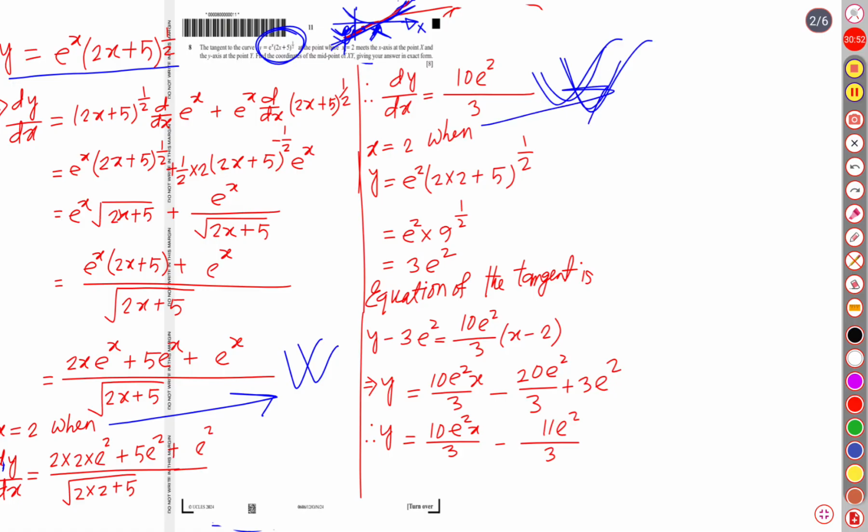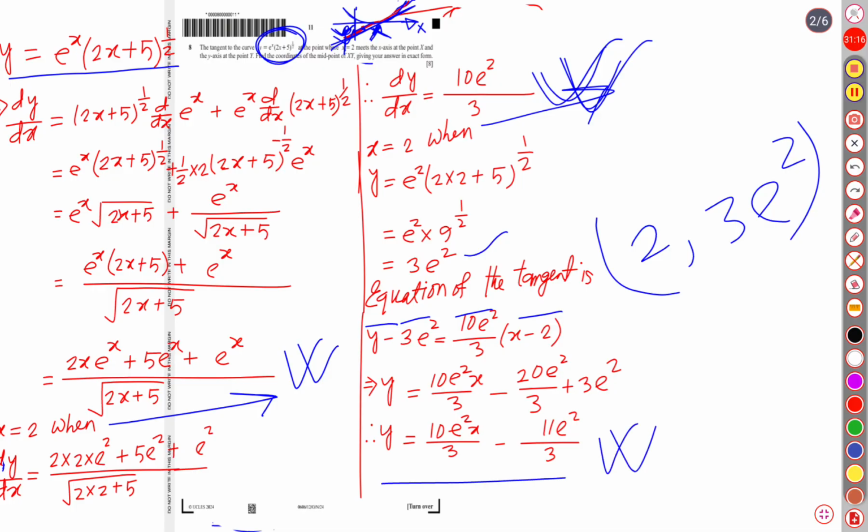Then we should know how much the y coordinate is when x is 2. So we have got the y coordinate also. Then our x coordinate is 2, y coordinate is 3 e squared. So using these two coordinates we can form the equation: y minus the y coordinate equals the gradient into x minus the x coordinate. Ultimately we have got the equation.